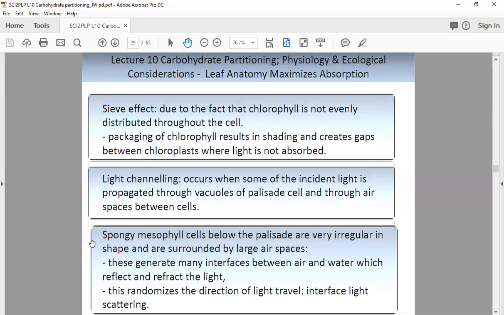Spongy mesophyll cells, let's talk about these. These, of course, are below those palisade mesophyll cells, and these are large cells which are very irregular in shape, and they're surrounded by large air spaces. Now, these air spaces actually generate lots of interfaces between air and water, and these interfaces reflect light and refract light, and this randomizes the direction of travel of light, and this phenomenon is called interface light scattering.